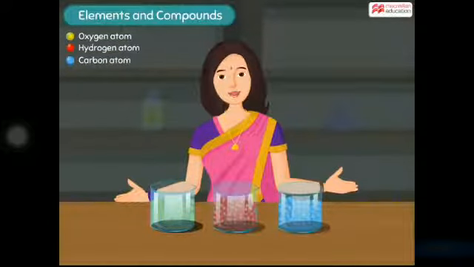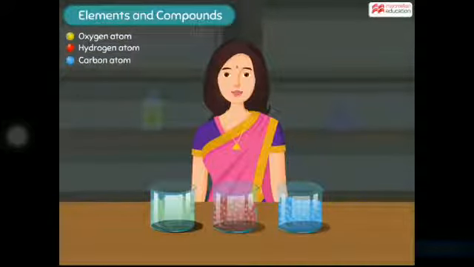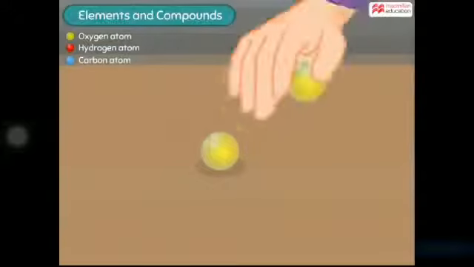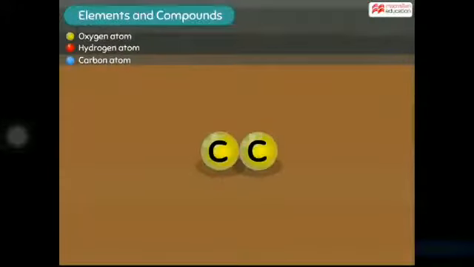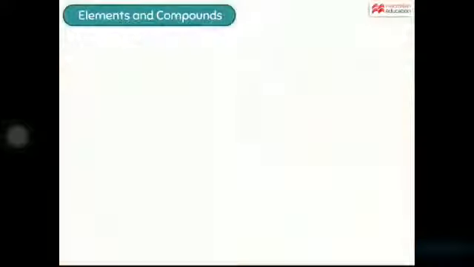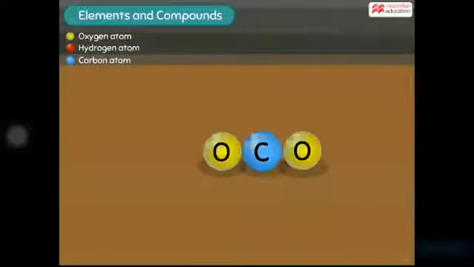One carbon molecule is made up of two carbon atoms. So here is 1 and 2 put together, and we have a carbon molecule. The carbon dioxide molecule, on the other hand, is made up of one carbon and two oxygen atoms. So here is one molecule of carbon dioxide.